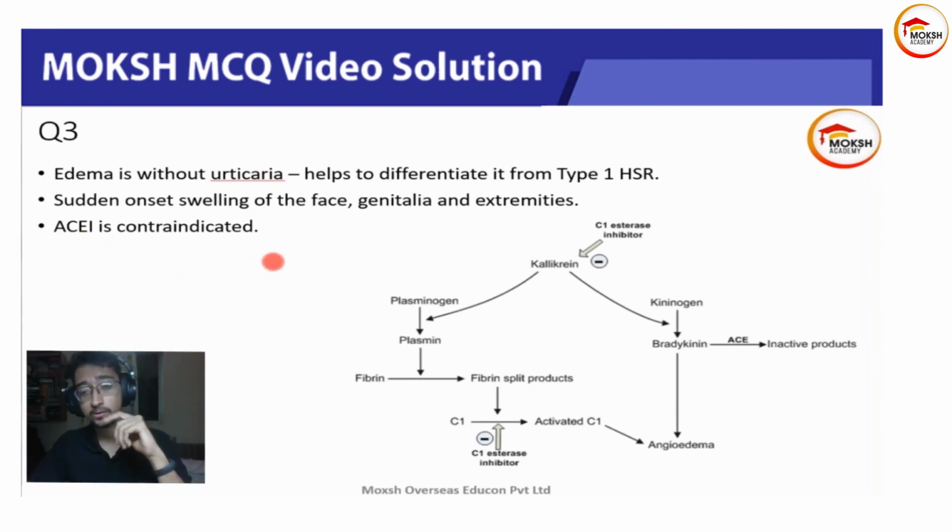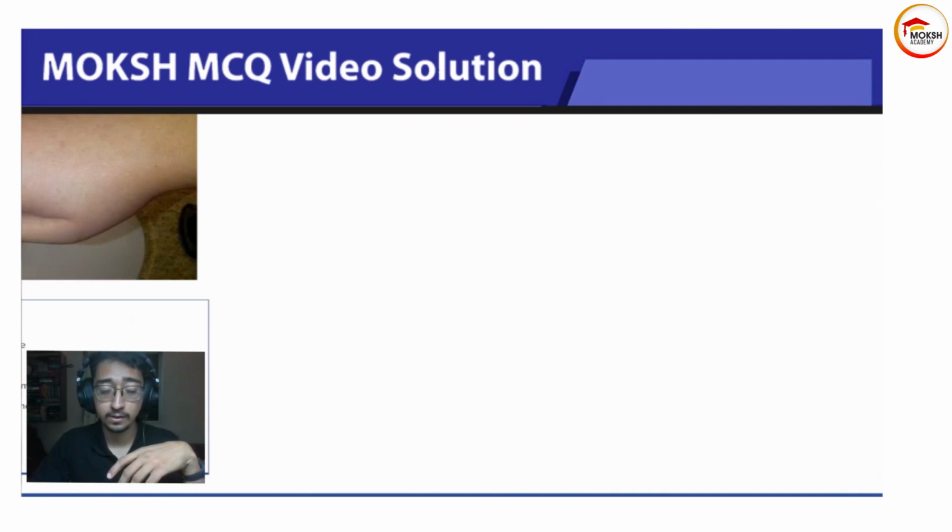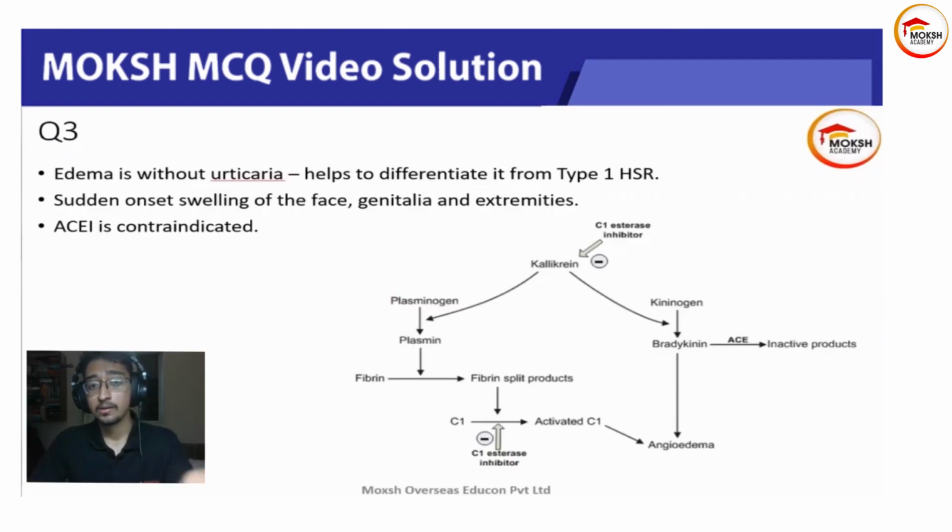Okay. Also, they'll try to confuse you with type 1 hypersensitivity reactions, right? They'll say it's edema, like the same patient. In these options, they'll also give type 1 hypersensitivity reaction or any hypersensitivity reaction. So the way you will differentiate this from type 1 HSR is by the presence of urticaria.